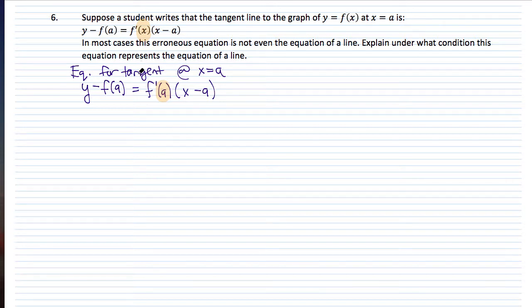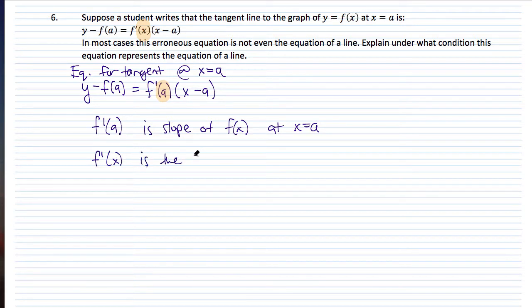So f prime of a is the slope of f of x at x equals a. F prime of x is this slope anywhere, so that's at any value of x.